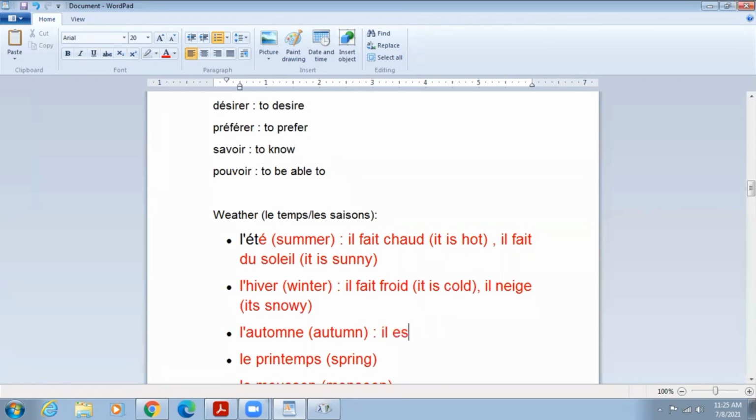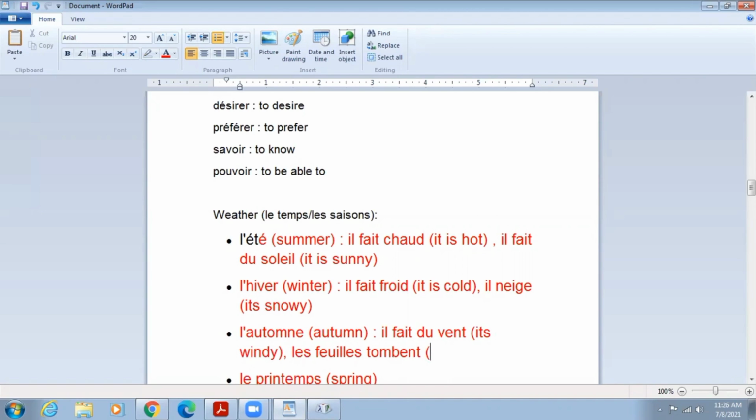L'automne, il fait du vent. Les feuilles tombent, when leaves fall from the trees.